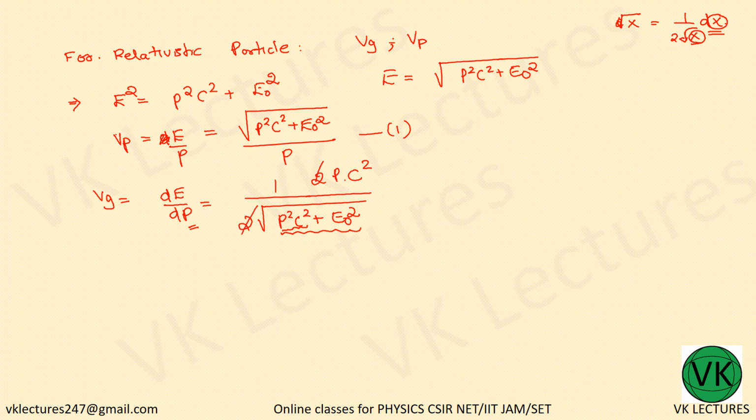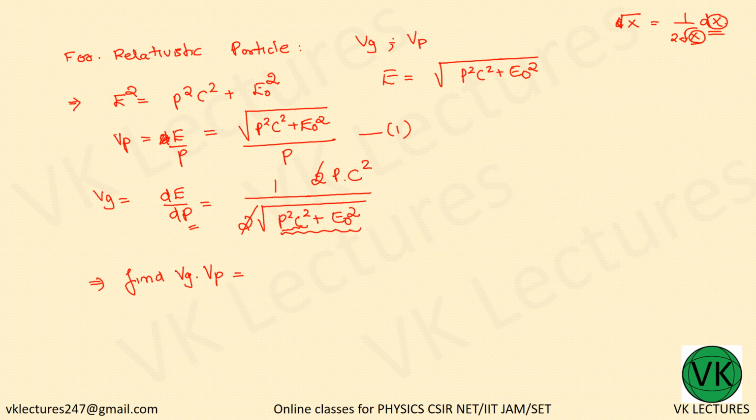What is remaining is P C square divided by under root of P square C square plus E naught square. Now actually the question was to find Vg times Vp. Before going to anomalous or normal dispersion, we'll just find out Vg and Vp.